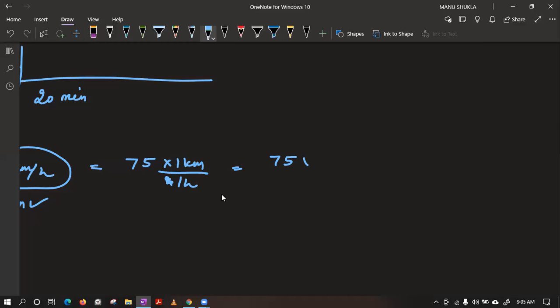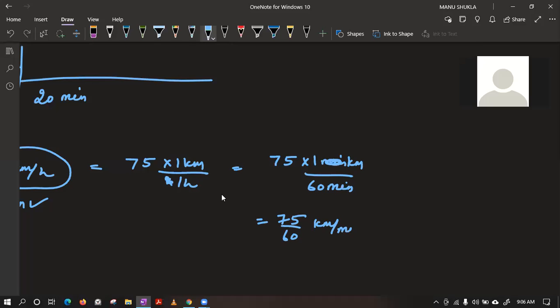So 75 into 1 km upon 60 minutes. With this we have converted the unit. So we can use it like this: 75 upon 60, kilometer per minute.